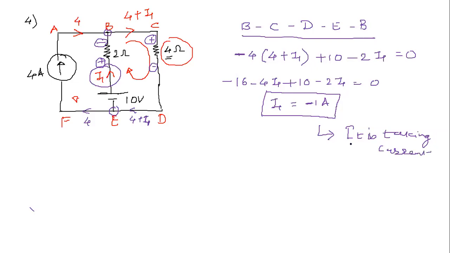So sometimes things are different than what we expect. In fact, I told you before we started solving this problem that this is going to supply current, but I got it wrong. It is taking current.